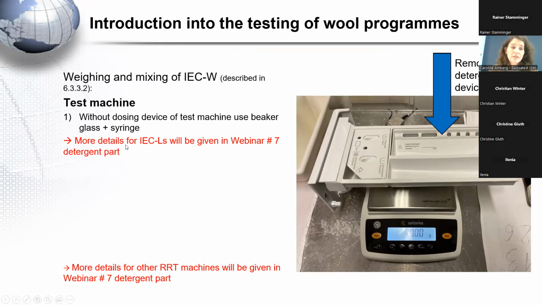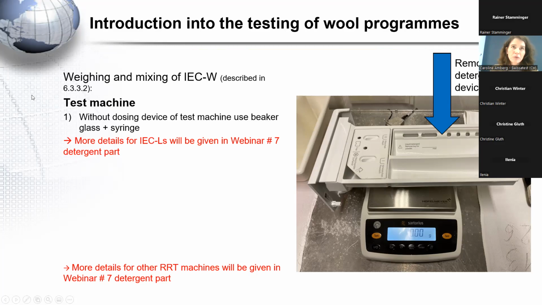I will give more details for that in webinar 7, the next webinar in the detergent part. So if you use liquid detergent in another round-robin test, it's useful to have a look at webinar 7.